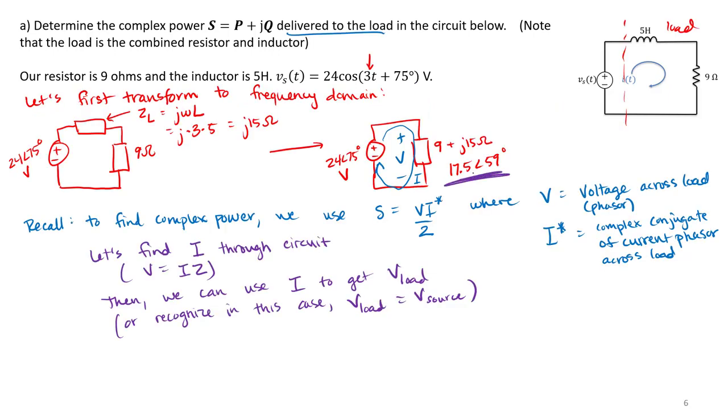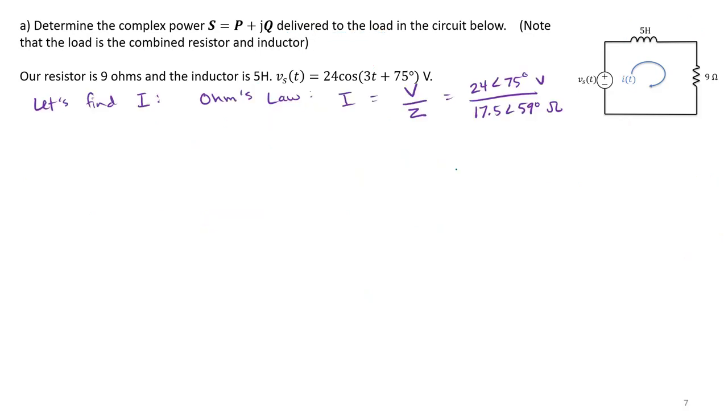Remember the 17.5 angle 59, that was our equivalent impedance in polar form. So we solve for I, and we determine our current I must be equal to 1.37 angle 16 degrees amperes.